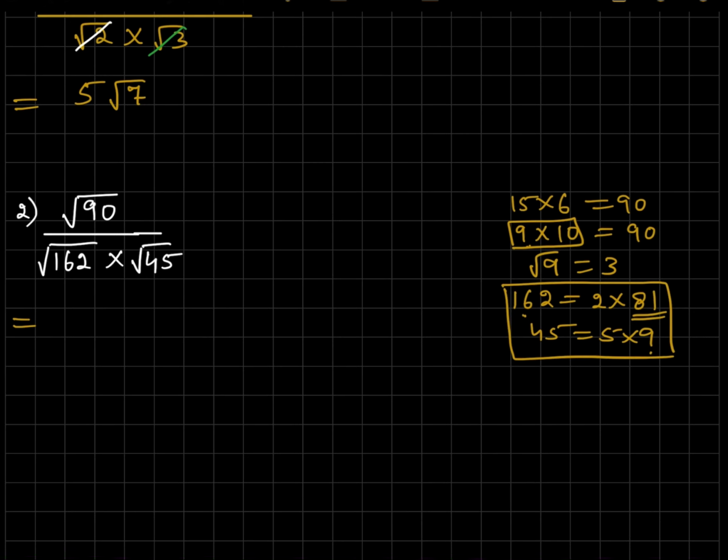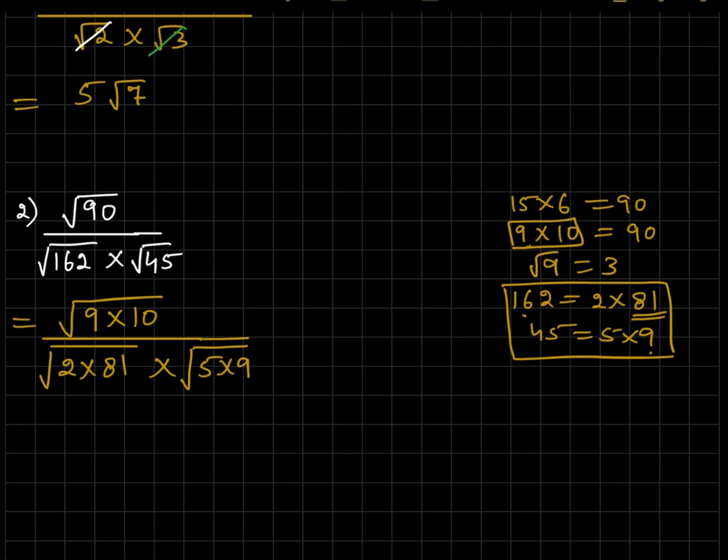So square root of 90 I will write as square root of 9 times 10, and below I will write square root of 162 as 2 times 81, and square root of 45 as 5 times 9. Now square root of 10 can be split further, no?